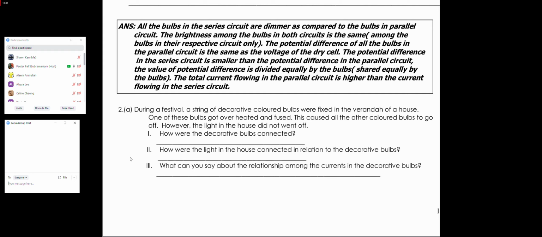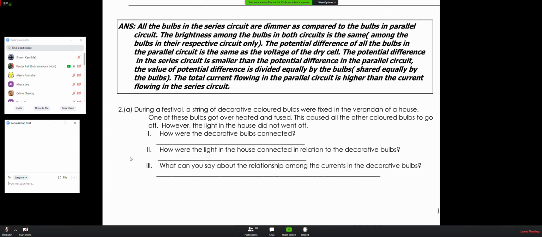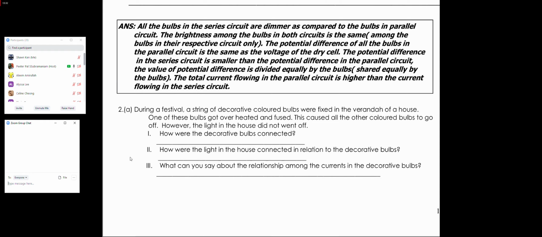This caused all the other colored bulbs to go off. However, the light in the house did not go off. So only the colored bulbs in the veranda went off, but the bulbs in the house did not.